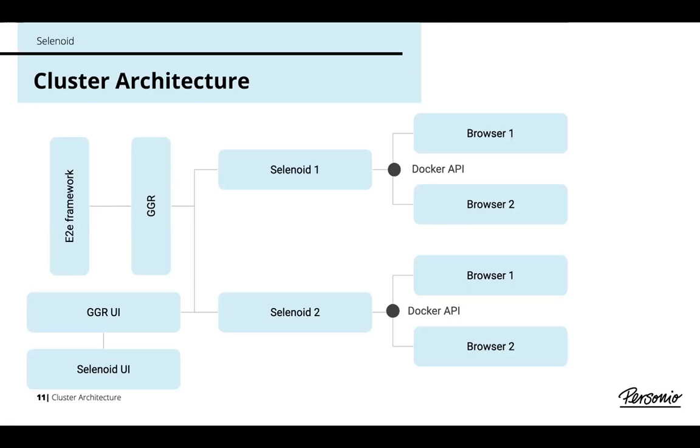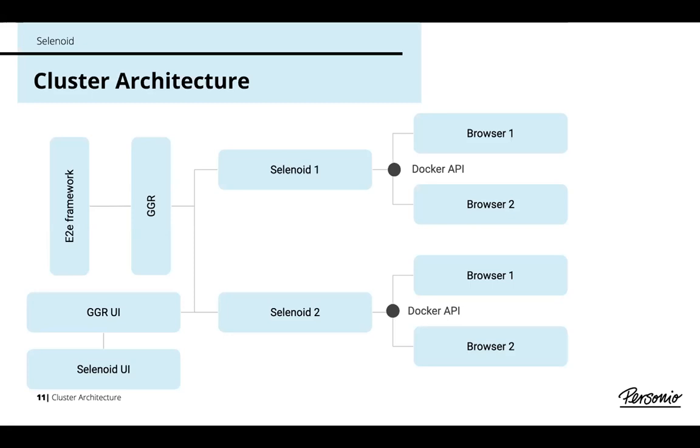But taking into account that Selenoid holds the session, if the Selenoid hub, for example, GGR overloads it and it's crashed, your test will crash, unfortunately. And that's why it's stateful and very connected to this session ID.